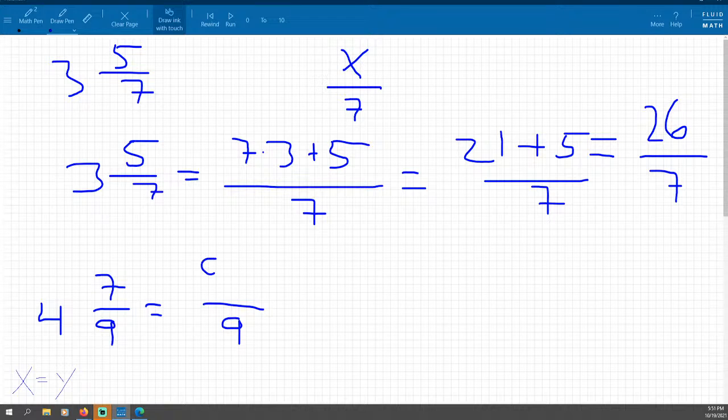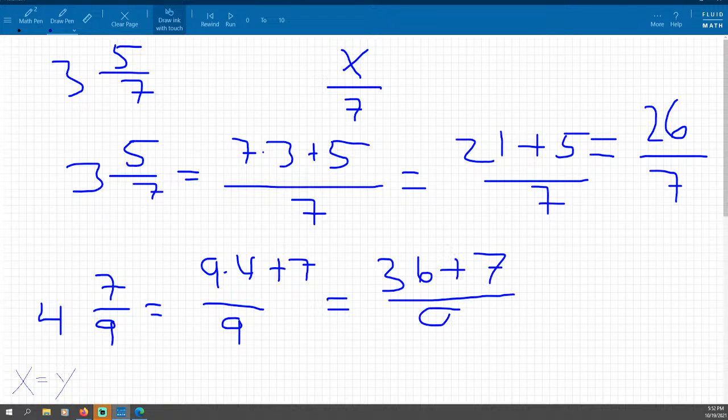So we have 9 times 4, and then we're going to add the numerator. So 9 times 4 is 36 over 9. 36 plus 7 is going to give us 43. So it's 43 over 9.